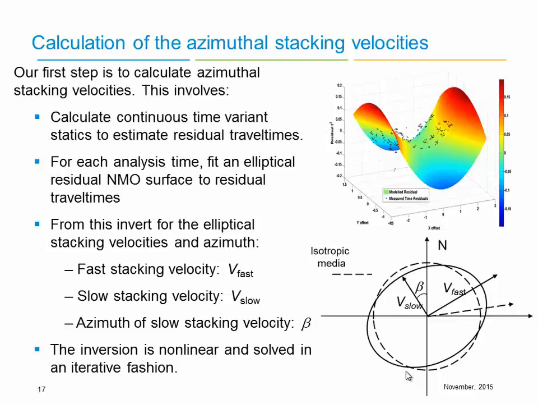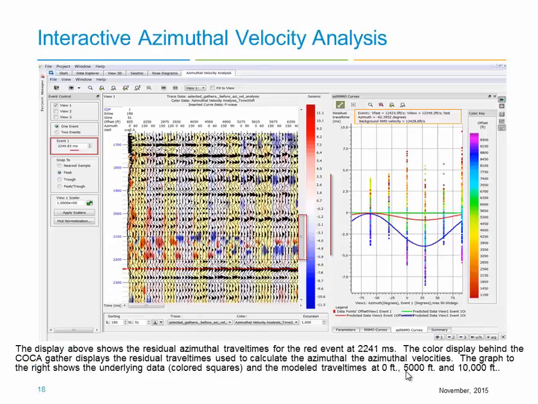And we'll then do a modeling exercise where we supply the original velocities or some background velocities. We remove those velocities and then calculate a fast stacking velocity, a slow stacking velocity, and then the azimuth of this. And this whole inversion is nonlinear, and we solve it in an iterative fashion.